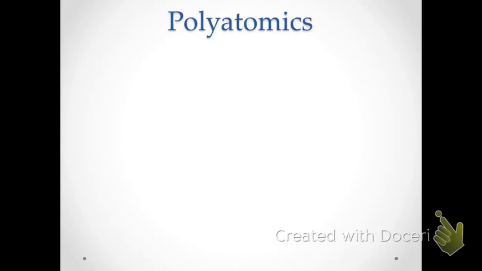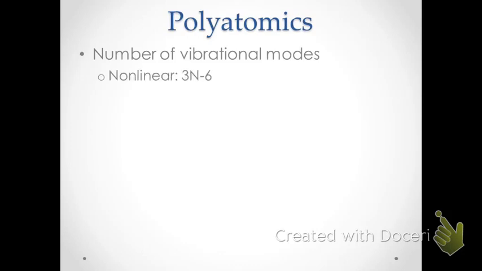Alright, polyatomic molecules. Now these are molecules with 3 or more atoms, and they will have more than one vibrational mode. In homonuclear diatomics and heteronuclear diatomics, the only type of vibration is a stretching vibration. But in polyatomics, we can have other types of vibrations. The number of vibrations depends on the number of atoms.